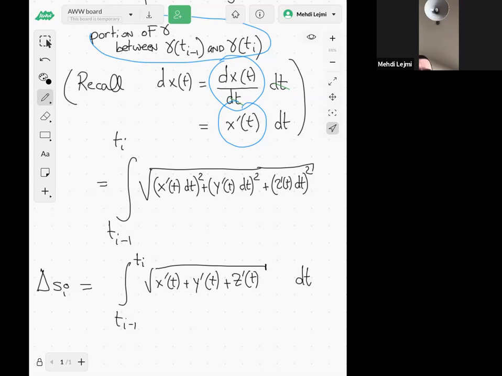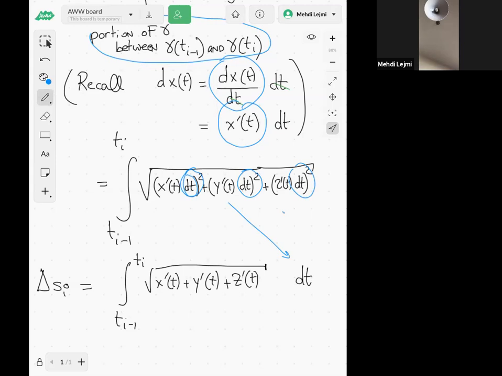Again, the dt is there because you have dt squared, dt squared, dt squared; you factor out dt squared, and because of the square root, it's just dt. That's the arc length of the portion of gamma between gamma of t i minus 1 and gamma of t i.